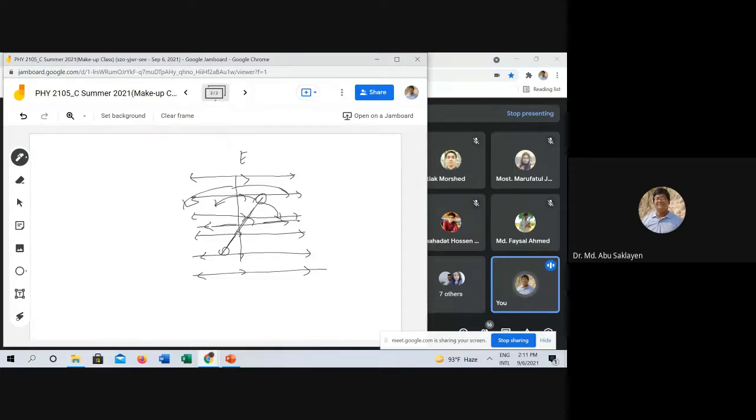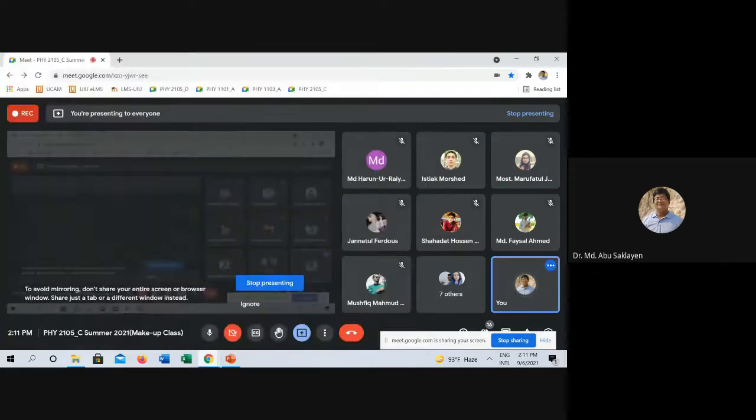From the equilibrium position. When the field is left to right, the rotation will be like this, and when the field is right to left, the rotation will be right to left. That means it will oscillate like this.